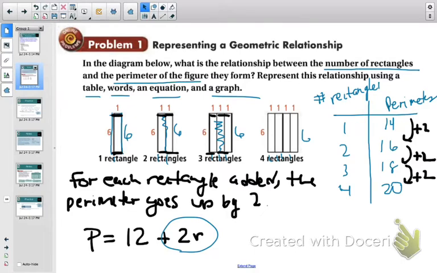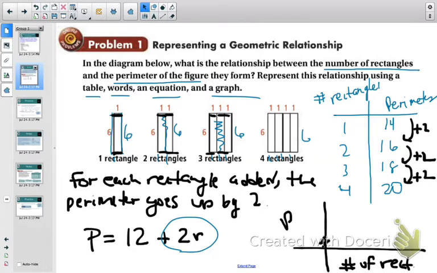Okay. Then if you want to graph that, you can just graph it like so. Perimeter is going to be our dependent variable because the perimeter depends on the number of rectangles. So that goes over on the side. I'm going to do P for perimeter, and number of rectangles on that side. I'm going to do this little lightning bolt symbol, if you remember that.